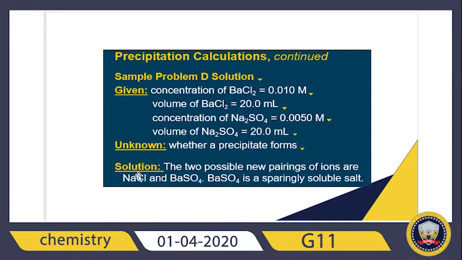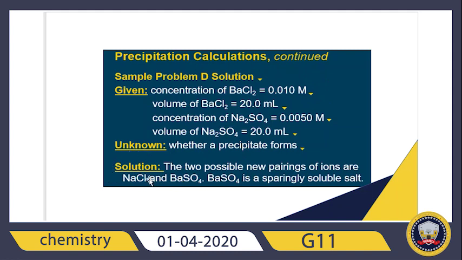Okay, solution: the two possible new pairings of ions are sodium chloride and barium sulfate. As we know here, guys, barium chloride with sodium sulfate. What do you expect the products will be? We need to make what? A double substitution reaction. Okay, so we'll get sodium chloride and barium sulfate.